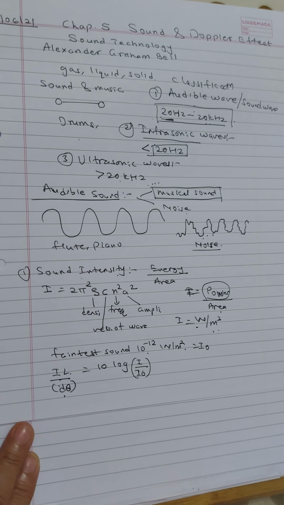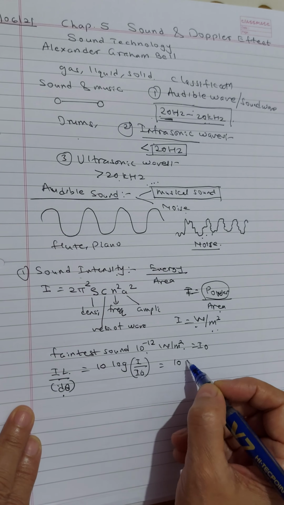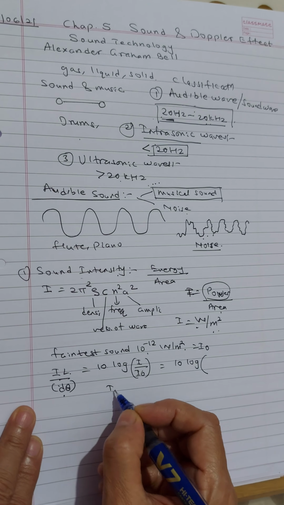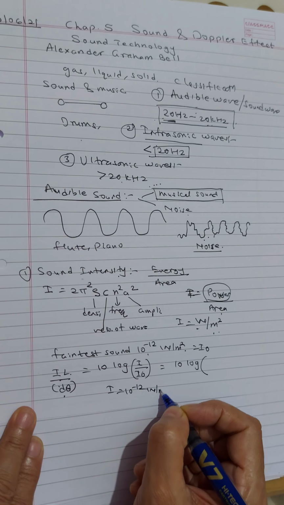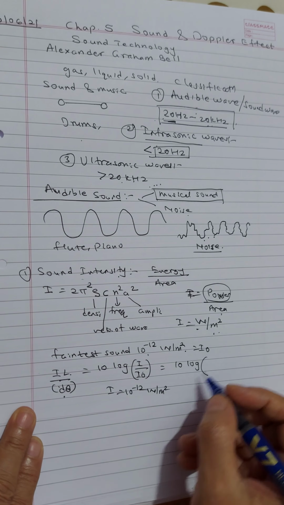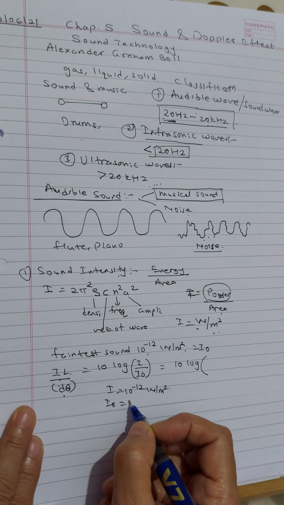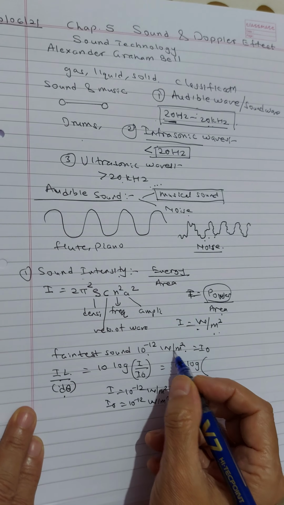Now suppose this I is given as 10^-12 itself. I0 is also 10^-12, which is standard and will not change again.